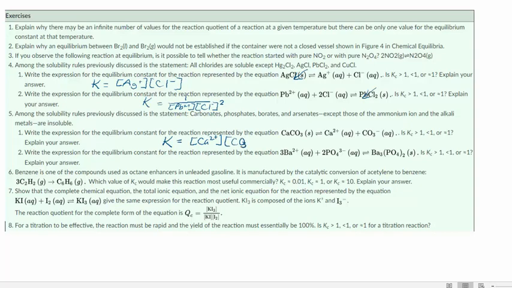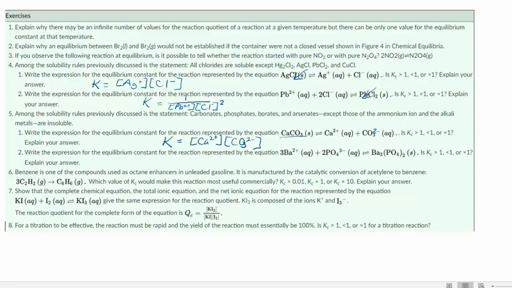And that would be expected to be less than 1, and that's because calcium carbonate is insoluble. So if you drop calcium carbonate into water, you can expect that very few of these ions would be produced.